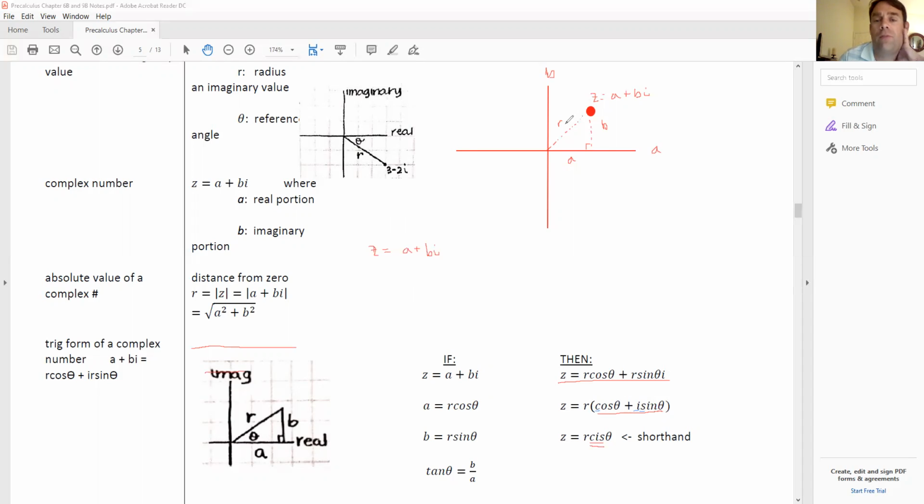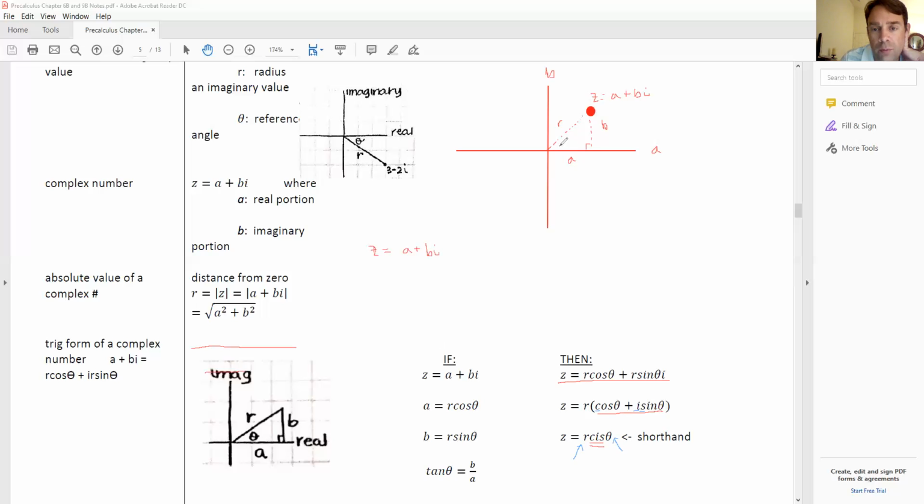So we're going to take it from writing it in its complex form, which is also called its rectangular form, to writing it in its trig form. The trig form is based off two things. It's based off of R, which is the absolute value of the complex number, and theta, which is basically the reference angle associated with that complex number.